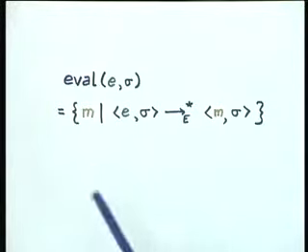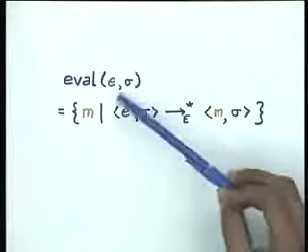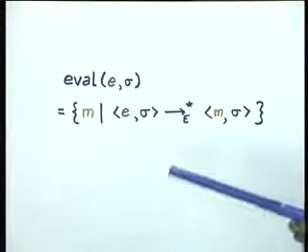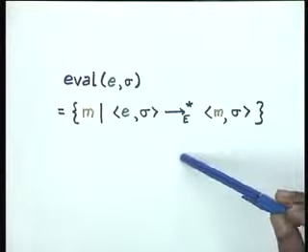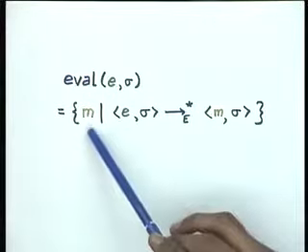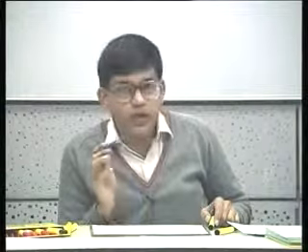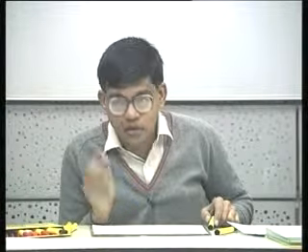Or there might be some evaluations of this expression which terminate and some which may not terminate, in which case, for simplicity, let's just assume that the evaluation of this expression consists of just the set of values which are reached on termination, which is not quite correct. But for the present, let's live with that.